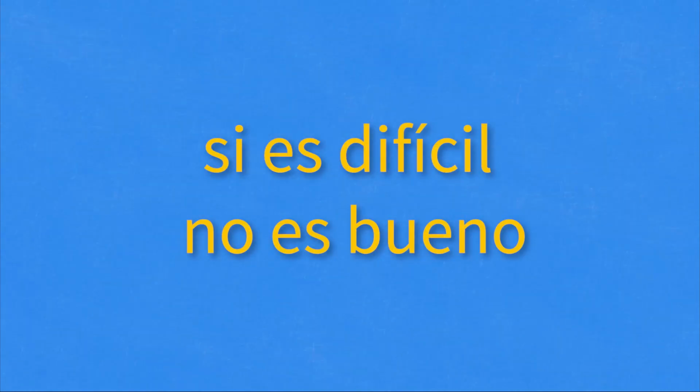Si es difícil. What about, if it's difficult, it's not good? Si es difícil, no es bueno. Do you remember the word for nothing? Nada. If nothing is difficult, si nada es difícil, the opposite of nothing is everything, which is todo in Spanish.